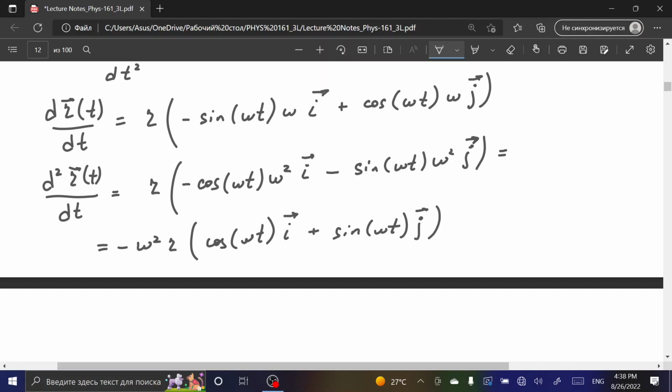So now let us look at this result. What is this? Any suggestions? This part.